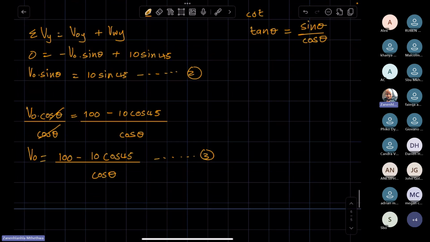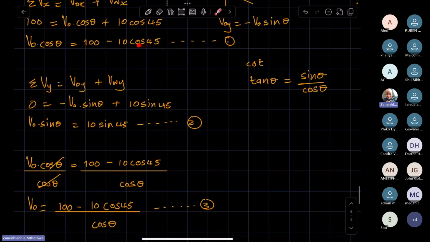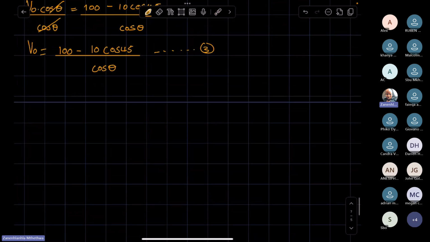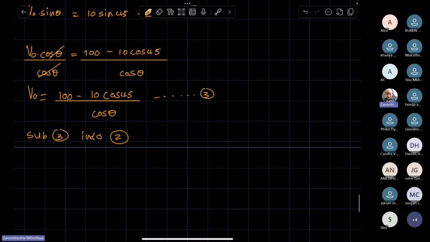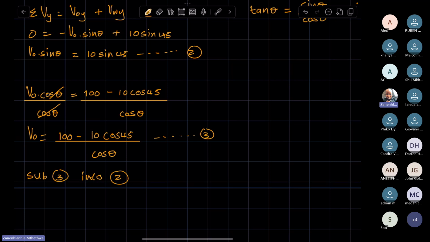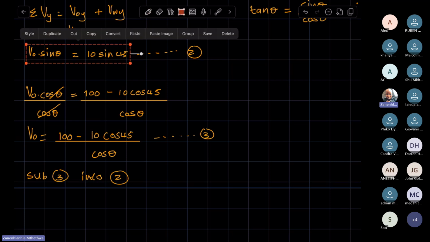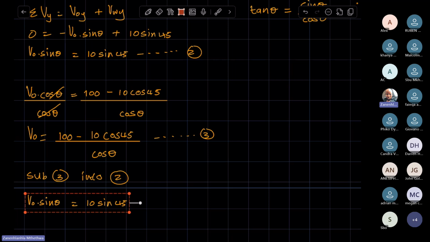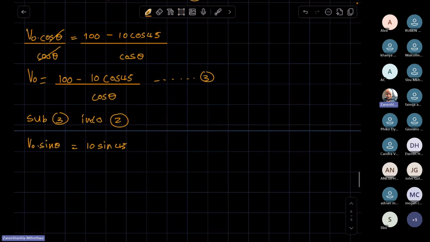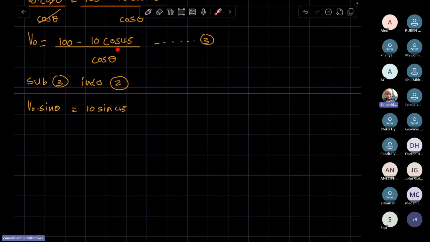Now, once you have your third equation, remember that we manipulated the first equation, so we can only substitute the third equation into the second. So now we say, substitute the third equation into the second equation. This is your second equation. Now substituting the third equation into that, instead of having VO here, we are going to express VO in terms of the third equation.